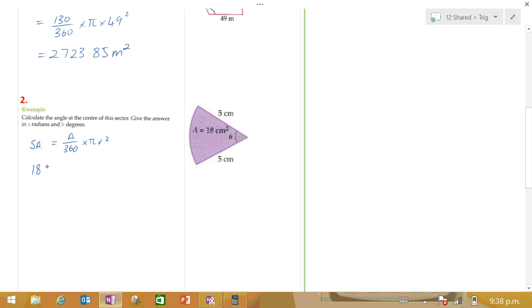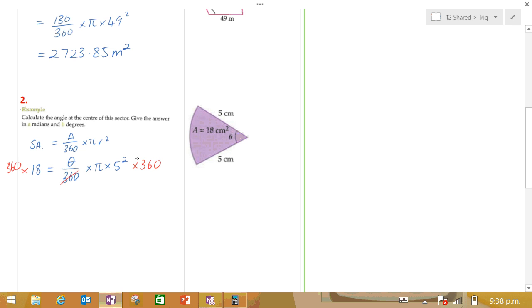We know that the area is 18 centimeters squared, and we're looking for the angle theta, over 360, and our radius is 5, so I've got 5 squared. We've got a few steps of working here. To get rid of this 360, we're going to have to times both sides by 360, so we'll do that first.